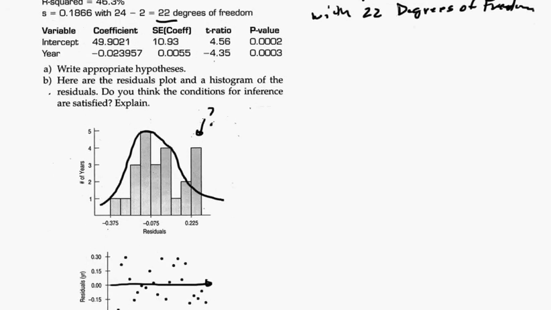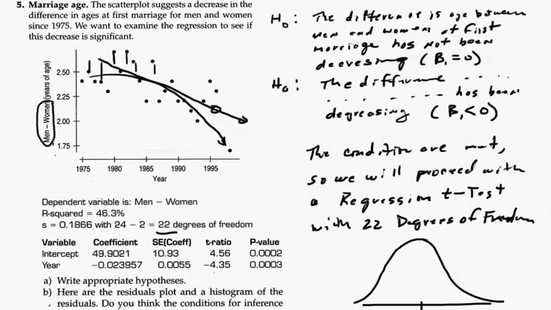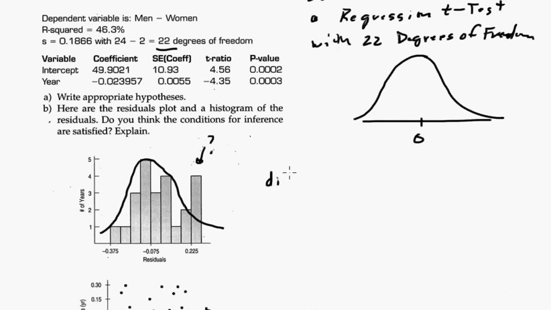Alright, so our model is that the center is at 0, okay, and our line, our equation up here that we put through is that the difference is equal to 49.902 minus 0.024. It's right here. Okay, times the year.